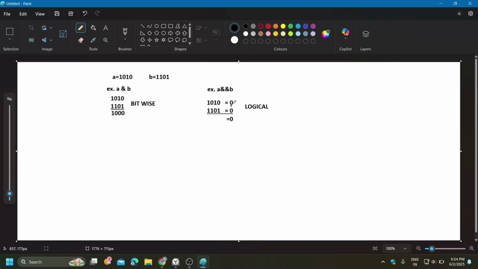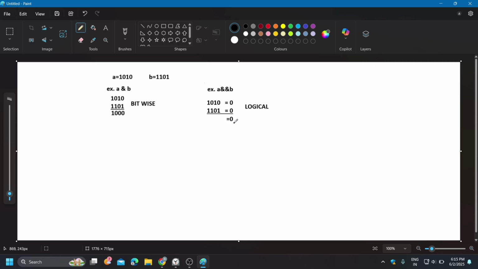So 0. Then whatever results come, it will again perform AND operation between those two results. So 0 and 0, 0. So this is the final result for this logical operation.